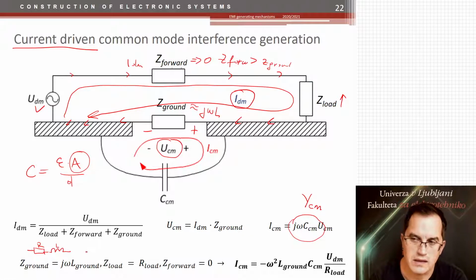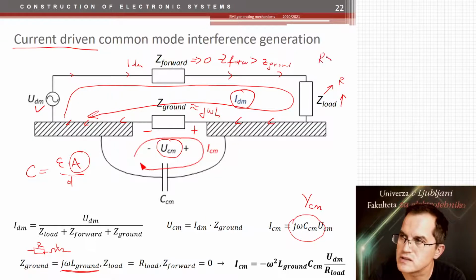At high frequencies, the inductance prevails because resistance is almost zero, but jωL would increase quite quickly. Therefore, we say the ground is mostly inductive in nature. Then we have the load, which I can change to a resistance. So the load is represented by a resistor. And the Z forward is neglected because the resistance is much larger than Z forward.